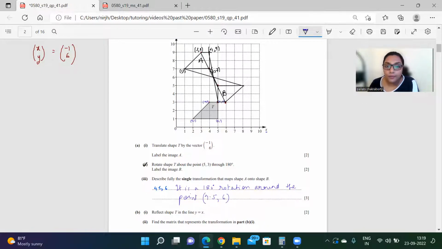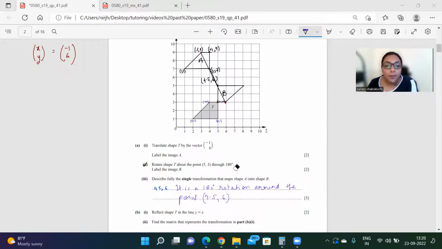That is how you have to show. This is a 180-degree rotation around this point 4.5 and 6, and you have to name this point as well. It is 4.5, 6. So I'm going to remove the excess lines which I have made so that the clarity remains. Any two lines will also do.